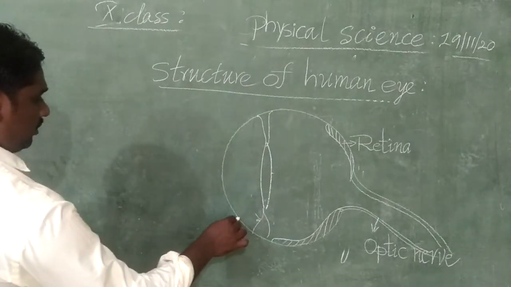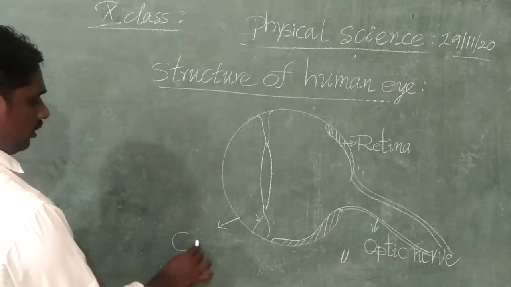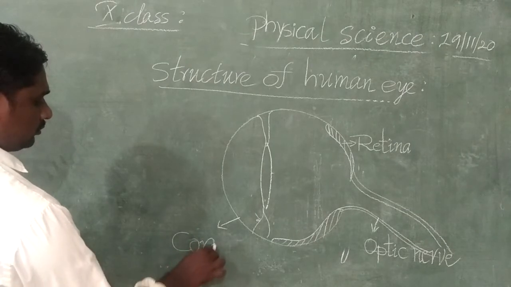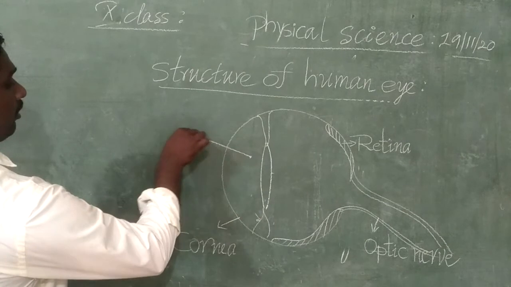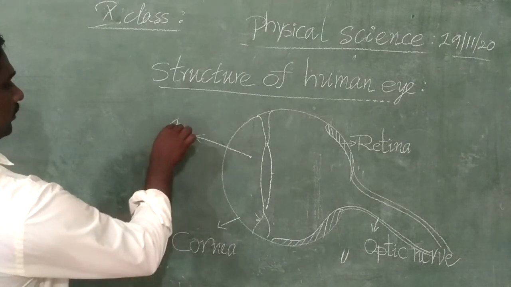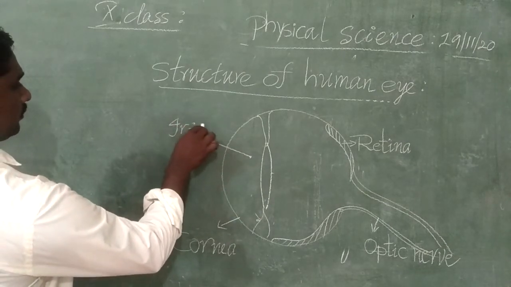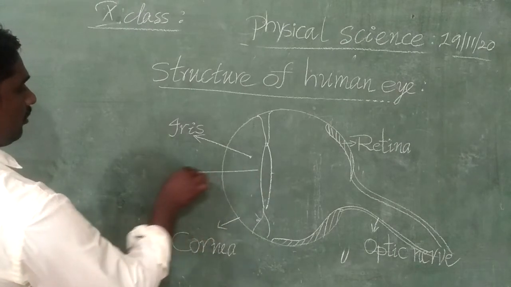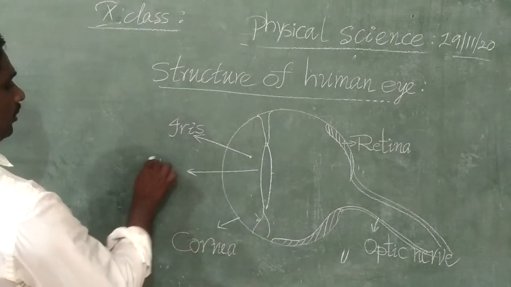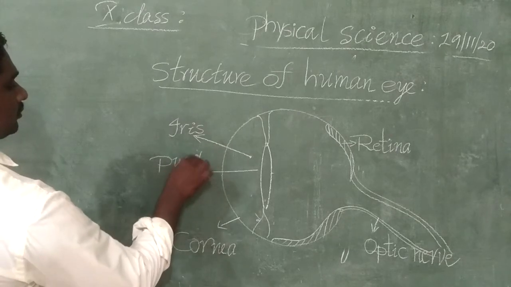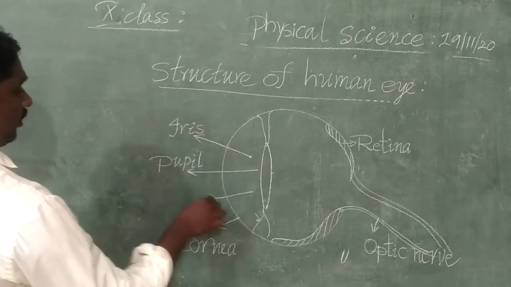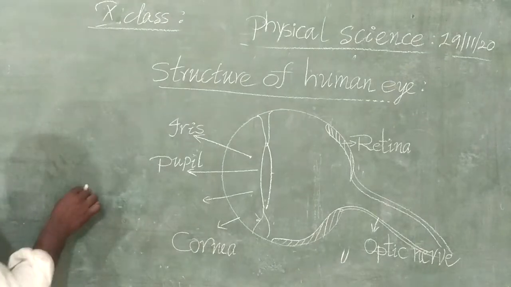This is the cornea. This is the iris. This is the pupil.